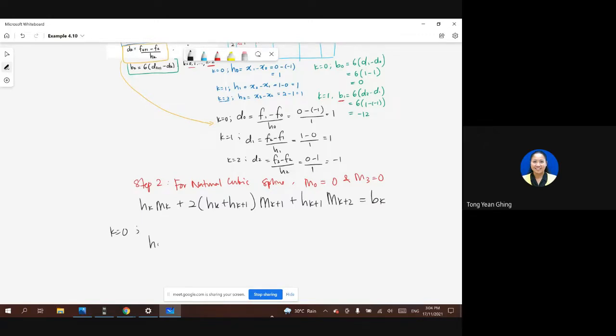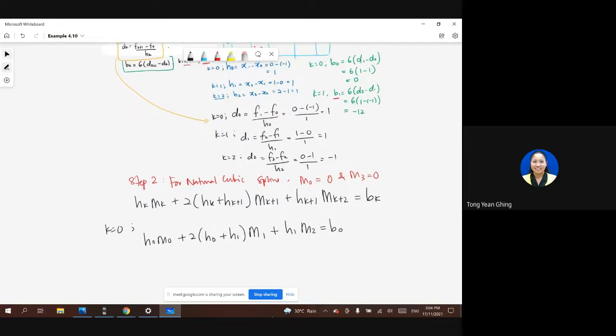So this becomes H0 M0 plus 2(H0 plus H1) M1 plus H1 M2 equal to B0. Remember M0 has to be equal to 0.